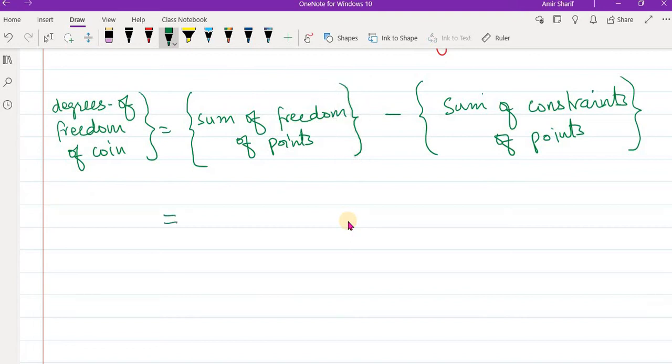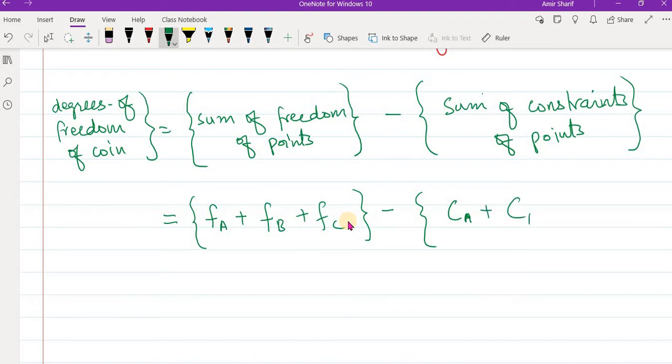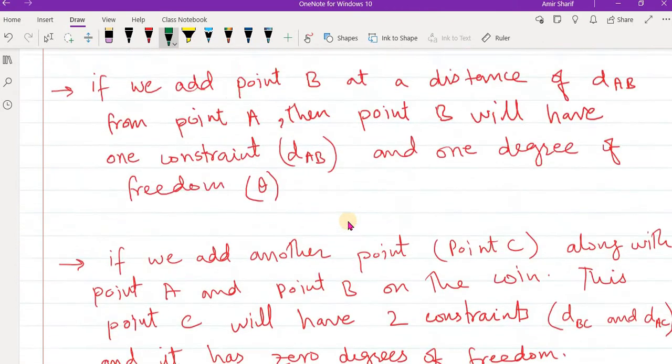So if you apply this equation to our coin, we can add it here: freedom of point A plus degrees of freedom of point B plus degrees of freedom of point C, minus constraints of point A plus constraints of point B plus constraints of point C. So from here, how many degrees of freedom does point A have?